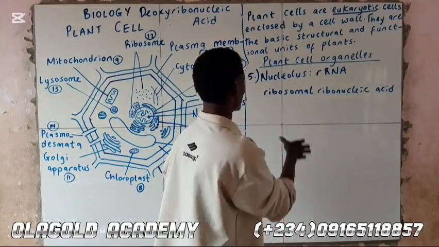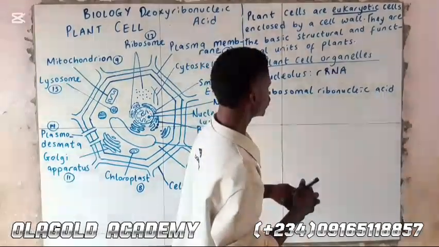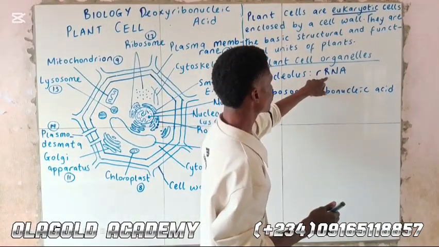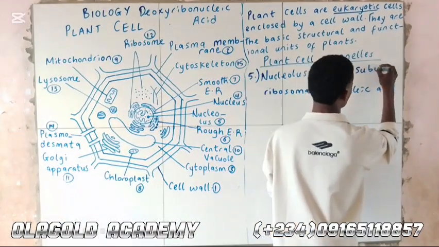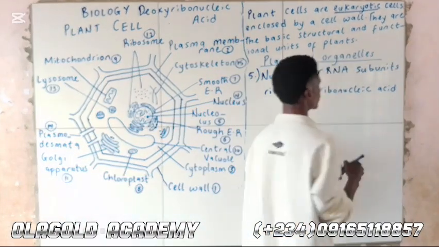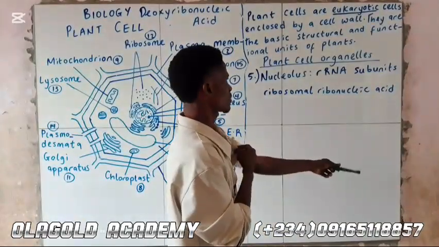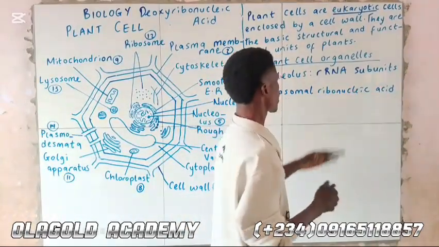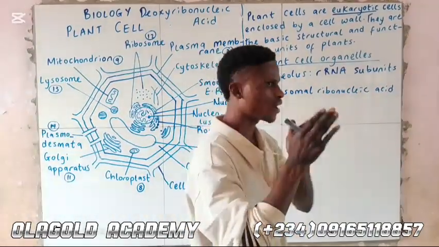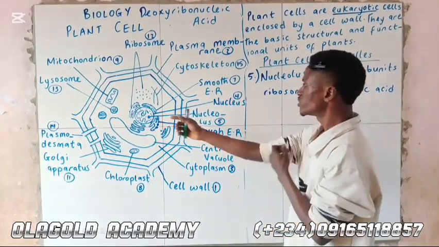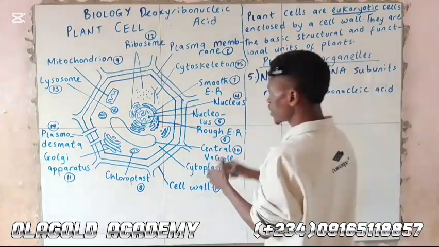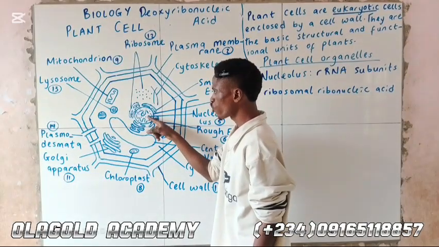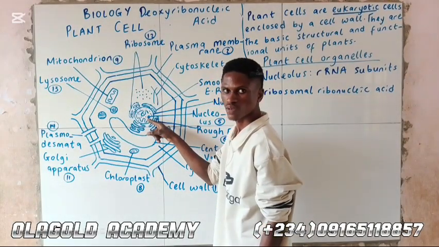All right, this nucleolus produces ribosomal ribonucleic acid subunits. Now these subunits, remember, please pay attention. These ribosomal ribonucleic acid subunits are being produced from the nucleolus.